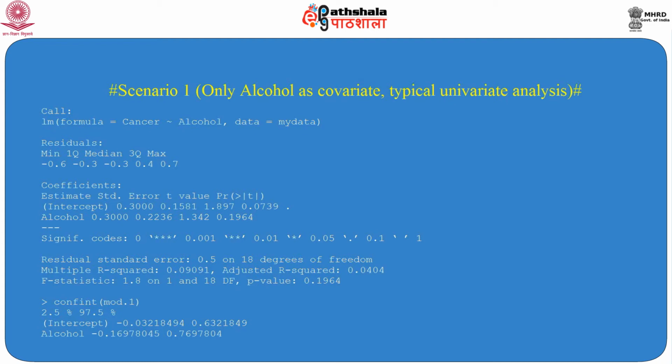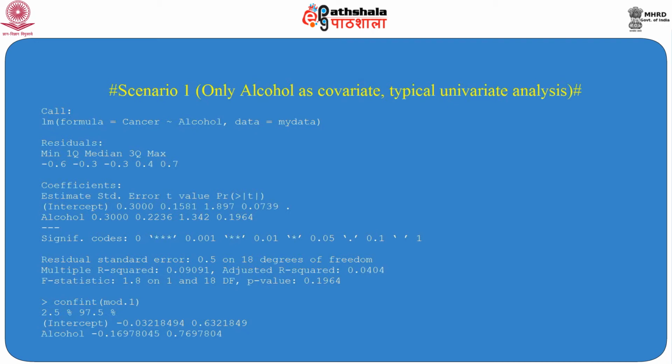The intercept is obtained as 0.23. The standard error of this estimate is 0.1581, with t value 1.897 and p value 0.0739. For alcohol the estimate is 0.30, standard error 0.22, t value 1.34 and p value 0.1964.